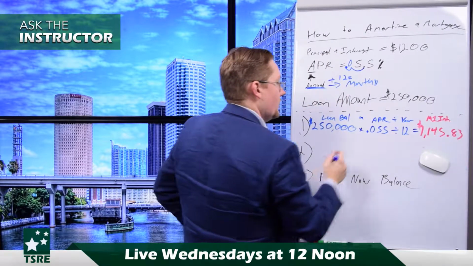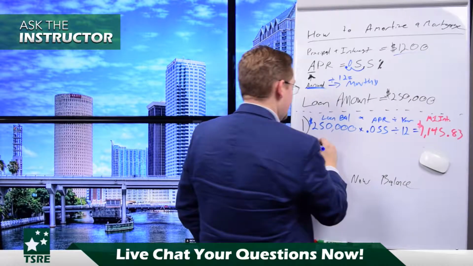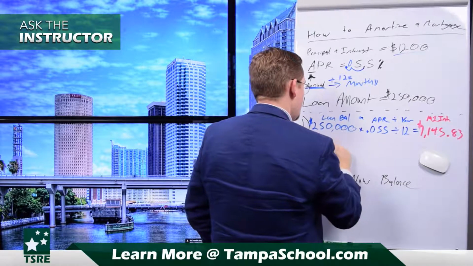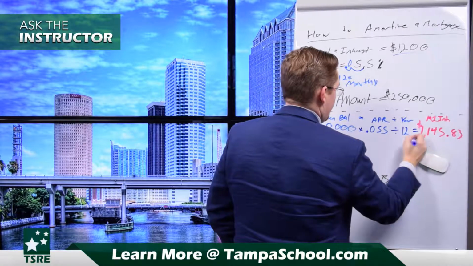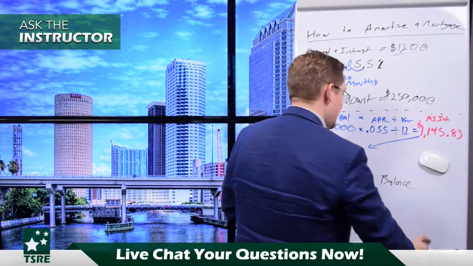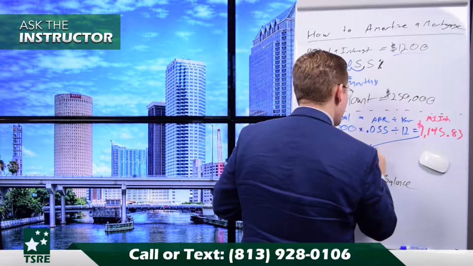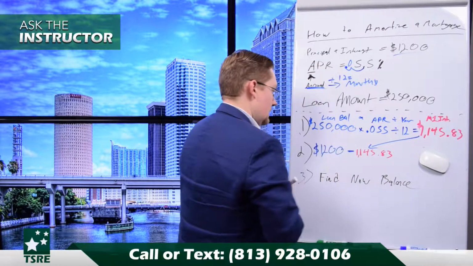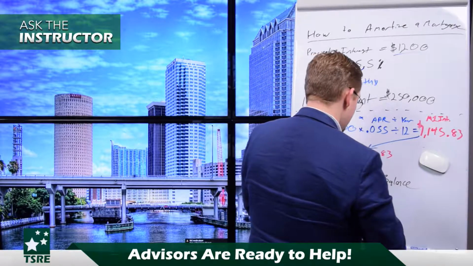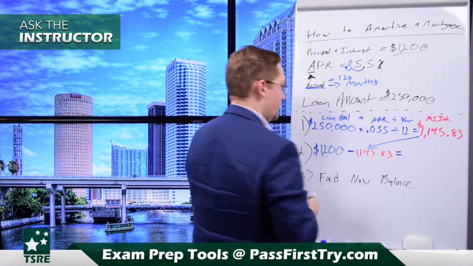We're going to take our $1,200 payment. We're going to subtract out now that interest number that we just had, the $1,145.83. And that's going to give us our principal amount for month number 1.